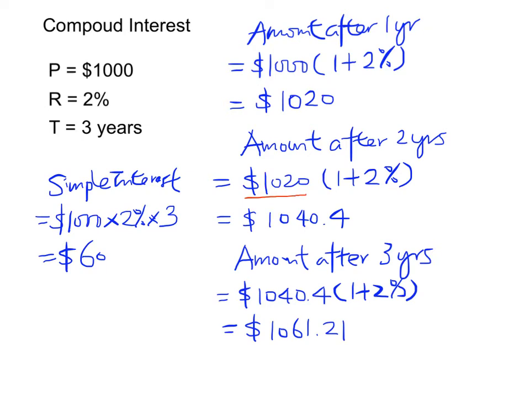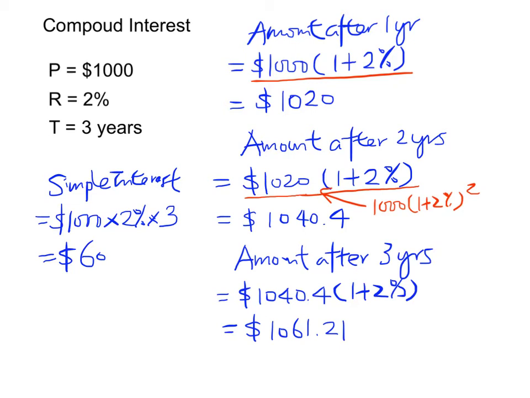And this 1,020 actually is the product of 1,000 and 1 plus 2%. Therefore, we can write this as $1,000 times 1 plus 2%. Then, if we multiply this number again by 1 plus 2%, it is $1,000 times the square of 1 plus 2%.